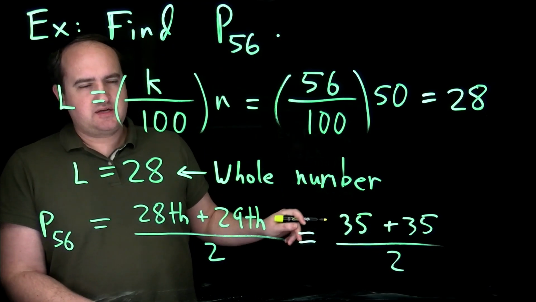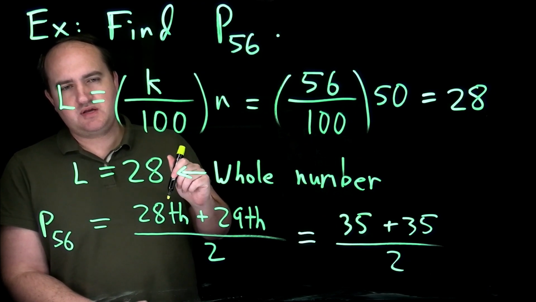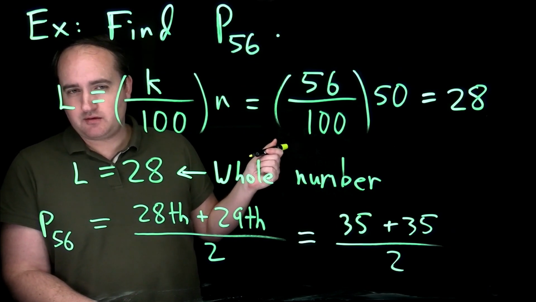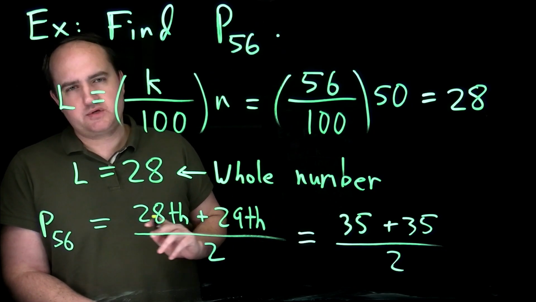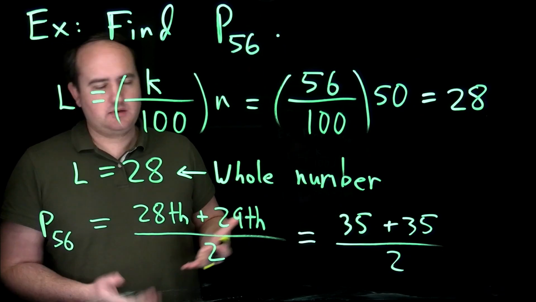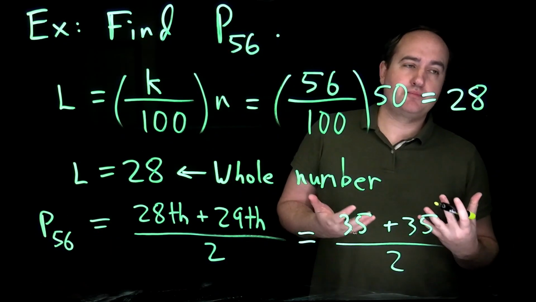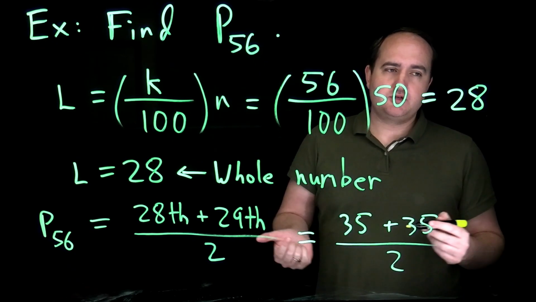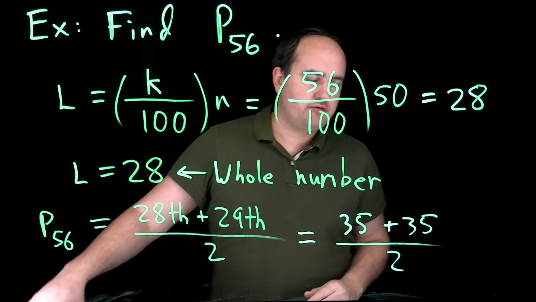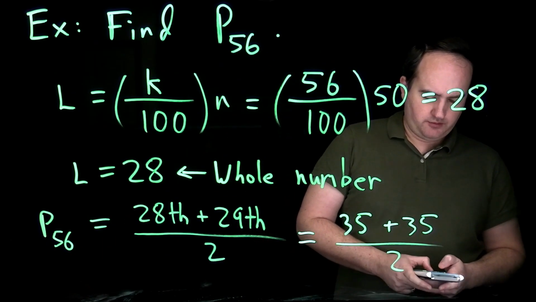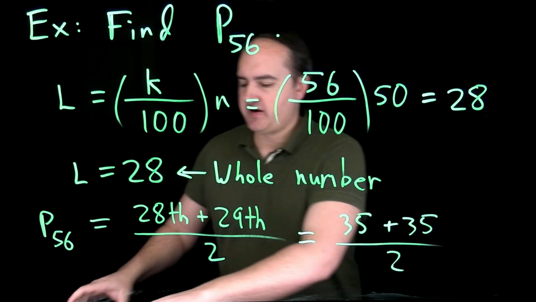Now in this particular case, we happen to have the same number for the 28th and the 29th data value. But the whole reason we're using this formula is these won't always be the same number, okay? They just happen to both be 35 here, but they could be different numbers. So the way you do this on your calculator is you add up the numerator first. So we do 35 plus 35, which is 70 divided by 2.